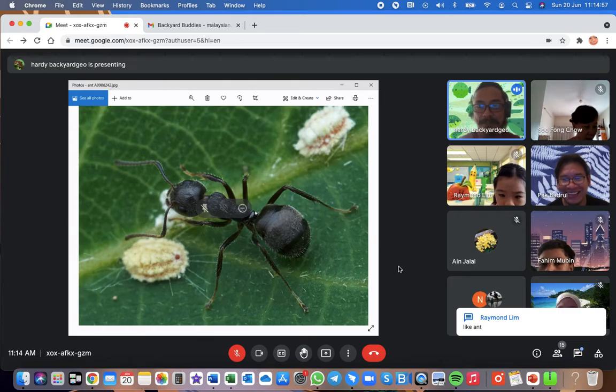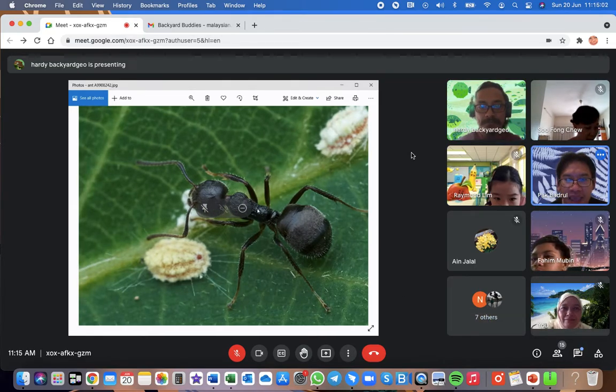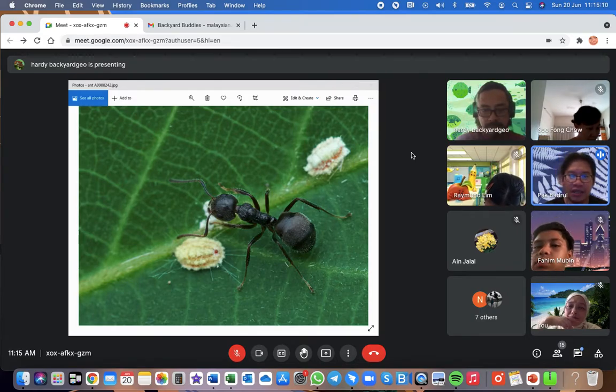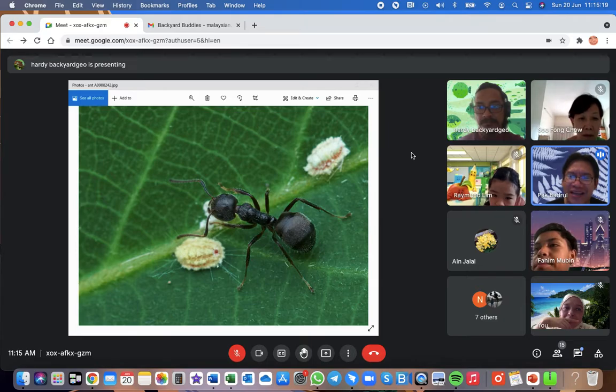Okay, Uncle Bud, so what actually are they doing? Actually, ants and mealybugs have some sort of mutualistic relationship, symbiosis. They help each other. Mealybugs are actually a bad insect in our garden, in our plants.